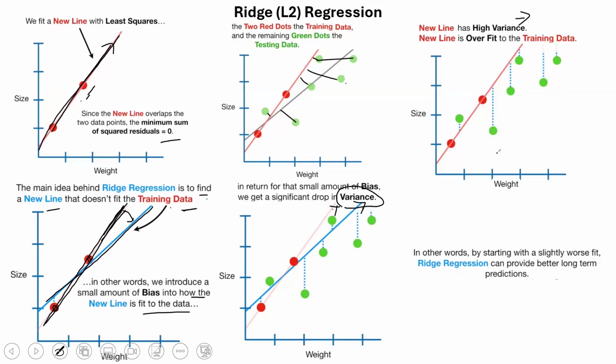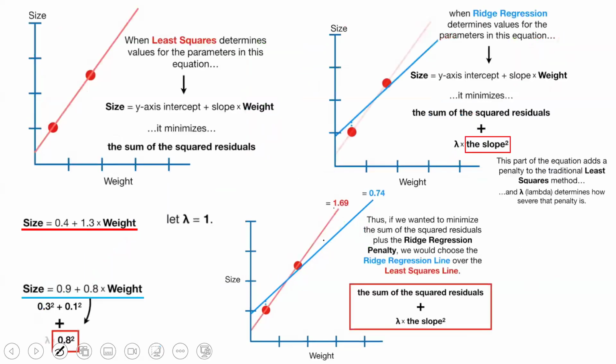The model has to perform well on the testing data set or the new data set. In other words, by adding a slightly worse fit, ridge regression can provide better long-term predictions. So we are not exactly fitting the training data; we slightly move the line by adding some bias. How we add that bias is what we will see in this slide.